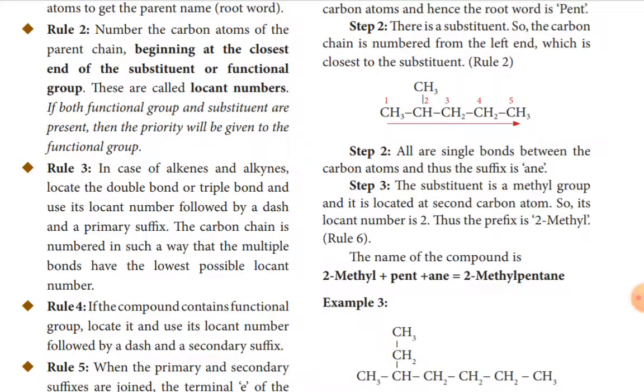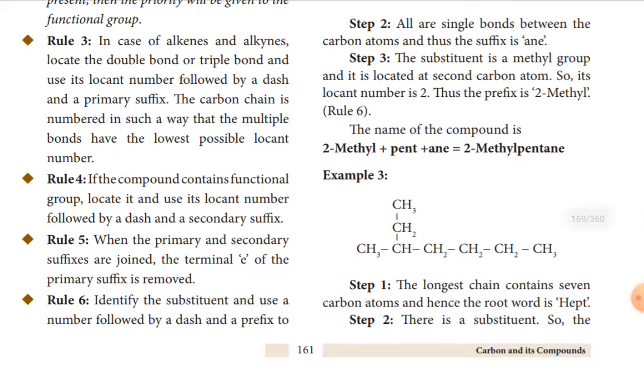We have to check from which carbon the double bond or triple bond is attached. The carbon carrying the double bond or triple bond should get the lowest possible locant number. In such a way we have to number the carbon atoms.